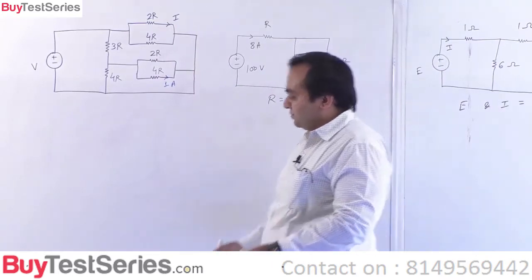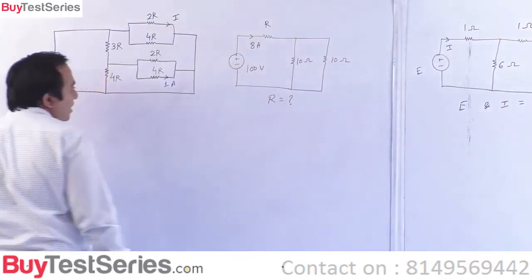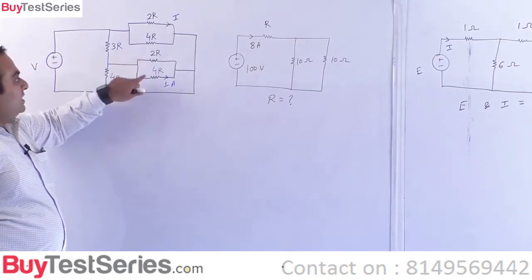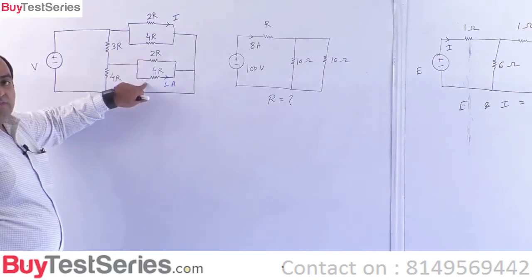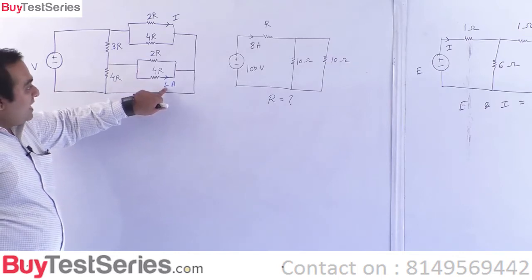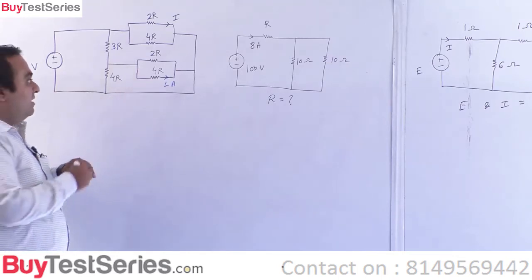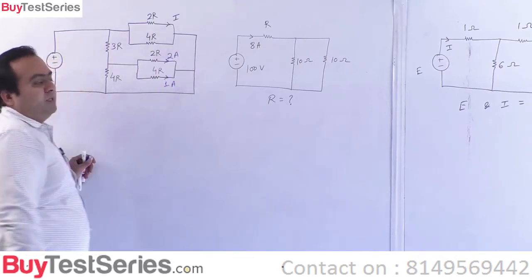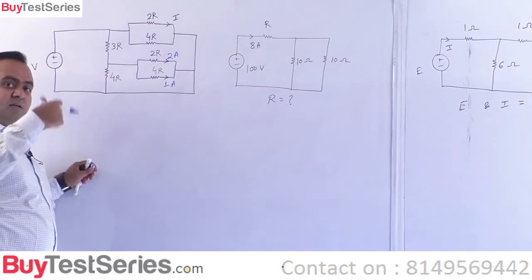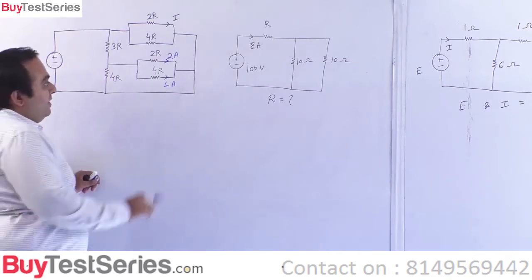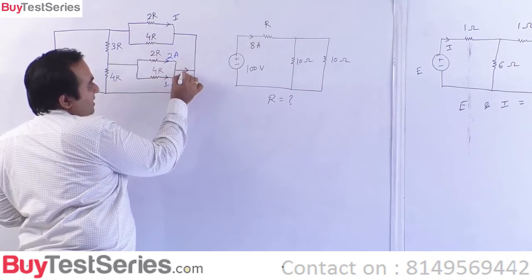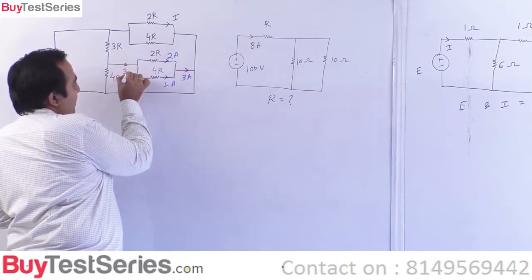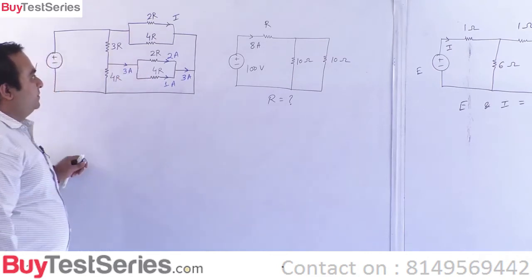Now see, this is 1 ampere. As you can clearly see, 4R and 2R are connected in parallel. If they are connected in parallel, and 1 ampere is flowing through it, we must have 2 ampere flowing through it, right? Half is the resistance, means double should be the current. If this is 1, this is 2, this has to be 3 amperes.